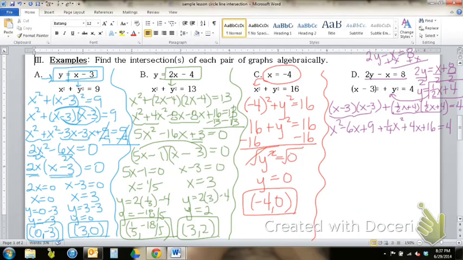Let's combine like terms. 1x squared and 1/4 x squared makes 5/4 x squared. Negative 6 plus 4 is negative 2. 9 and 16 is 25. Don't forget with quadratics, you got to make them equal 0 before you can even think about factoring.